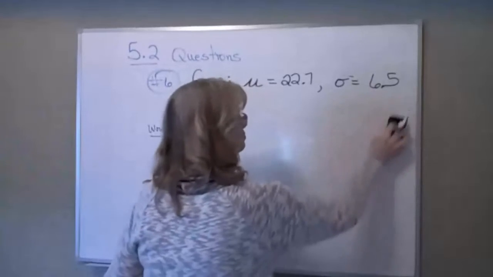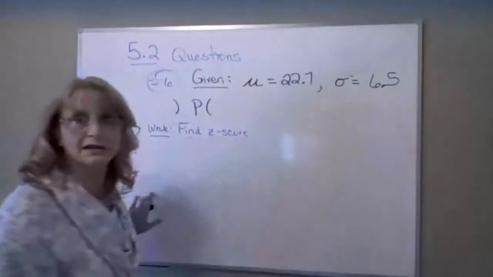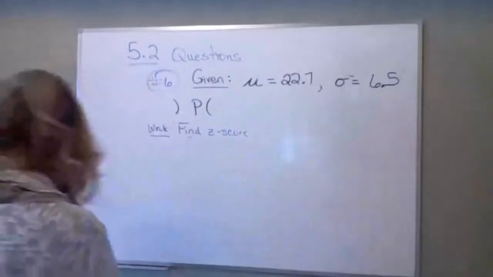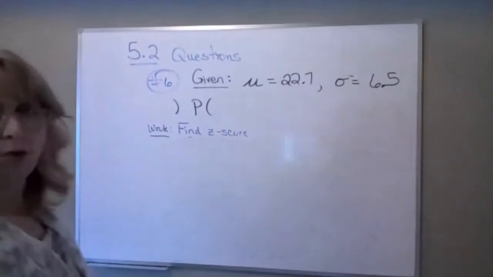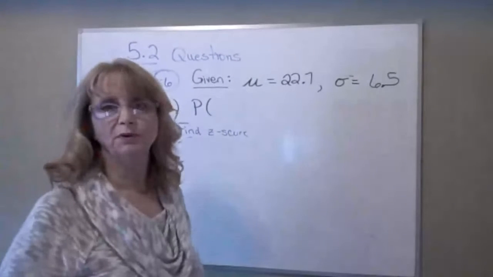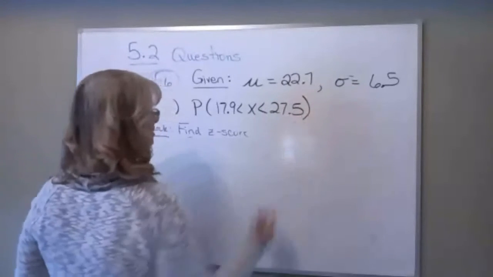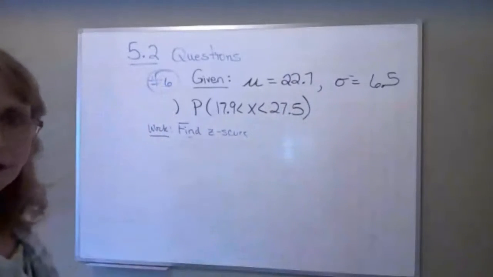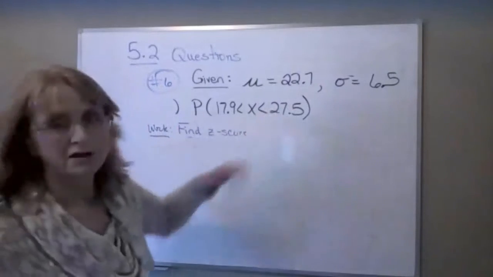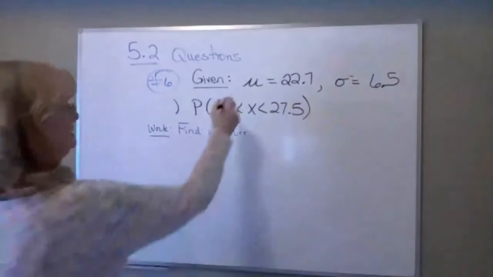And since I have your mean and standard deviation up here, Stephanie, tell me what your B part says. It says scoring between 17.9 and 27.5. 27.5? Yes, ma'am. Okay, so does it look like I have the right two numbers here? And notice how I wrote that when it says between.